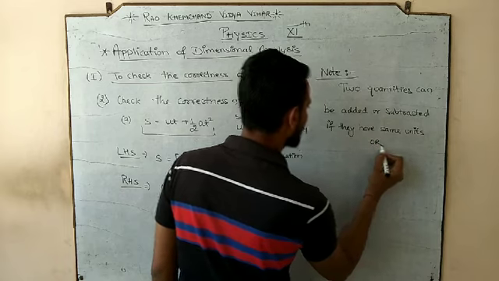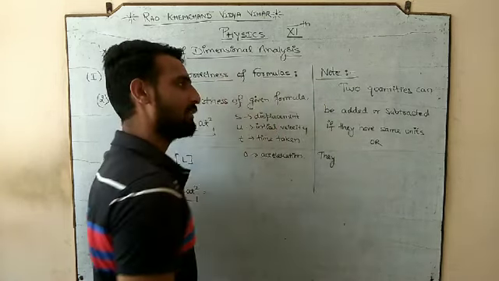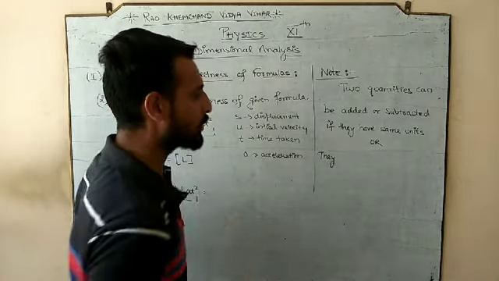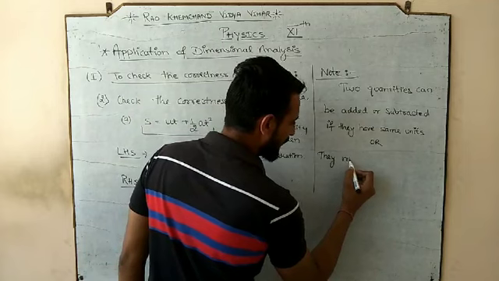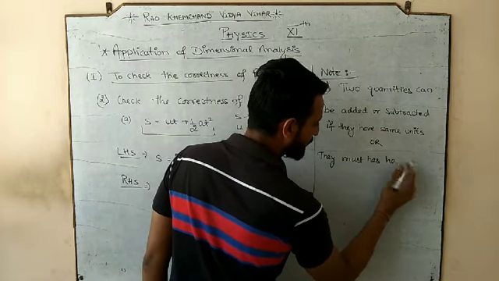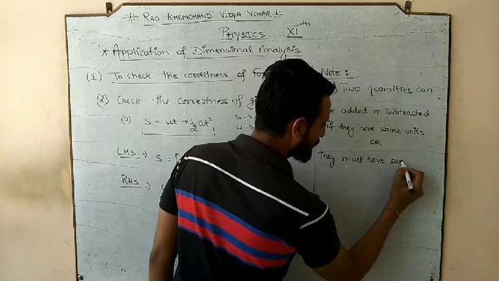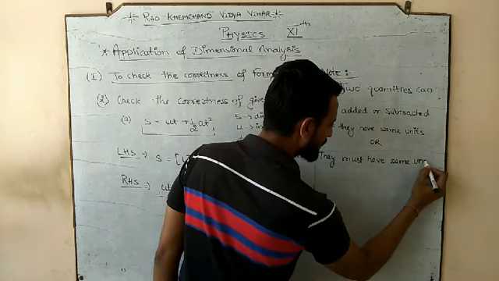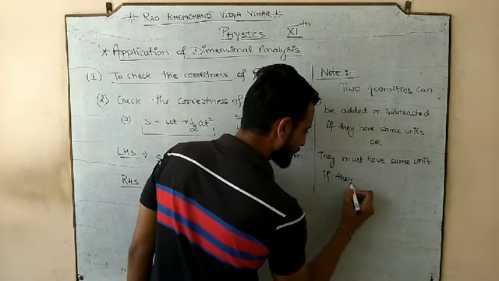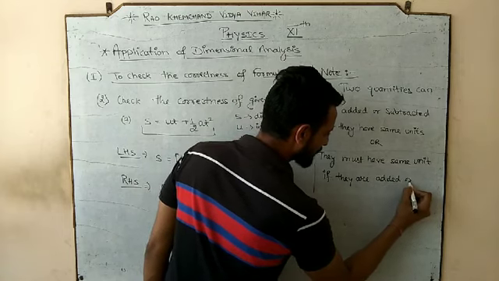Or you can say they can be added or subtracted if they have the same unit. Or you can say they must have the same unit if they are added or subtracted.